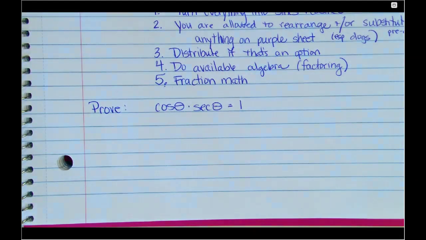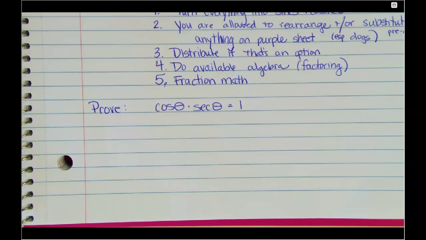Okay, so the first thing is that if it says prove that something equals something else, it has to work. There's no sneaky business in this where, oh, you gave me something and it doesn't work. It has to work if it says prove.